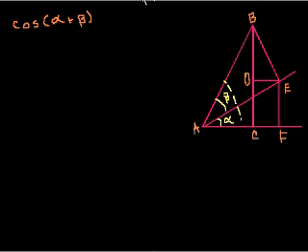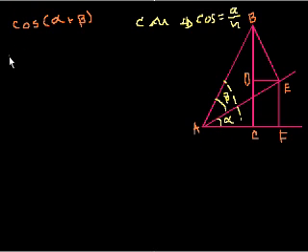SOHCAHTOA. So cosine is equal to adjacent over hypotenuse. So for this large angle, what's the adjacent? It's line AC.